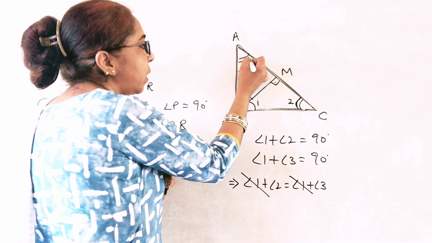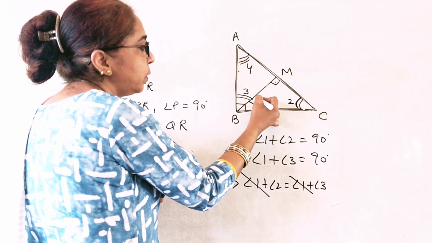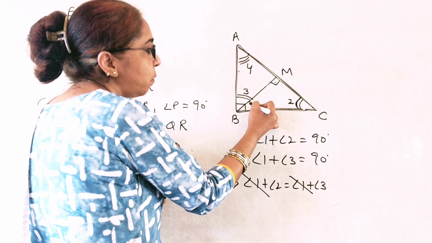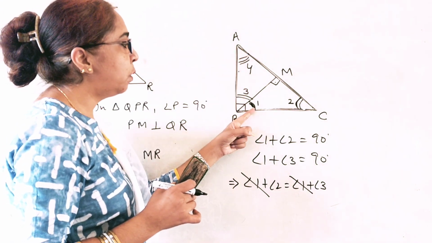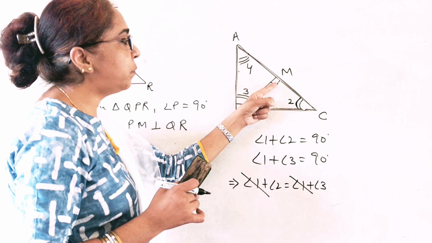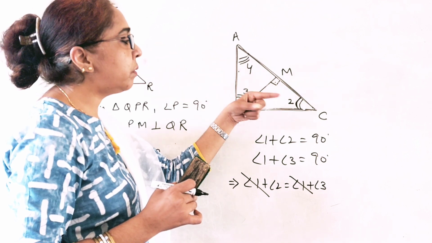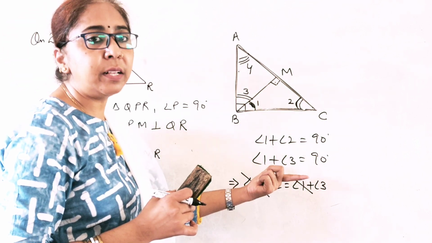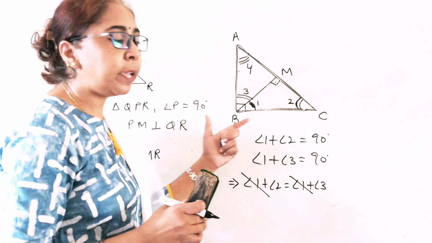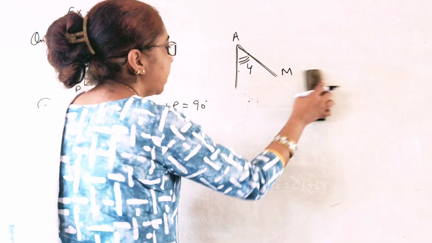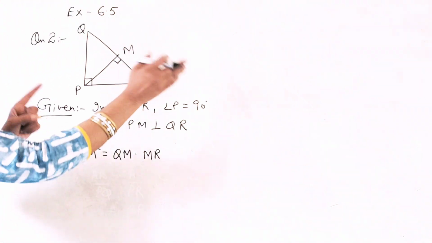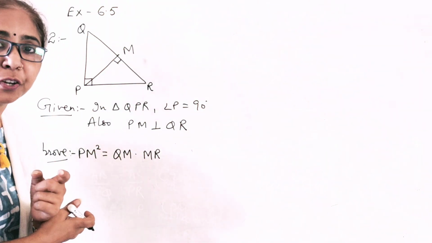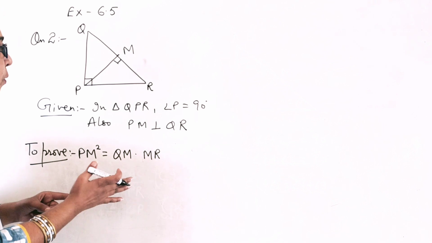Similarly, this angle 4 is equal to angle 1. So this angle is equal to 3, this angle equal to 4 equals 1, and both of these are 90. So when we write the names of these kinds of triangles, take care of this thing. For doing this question, I'm not making the two triangles similar. I'm just using that result. We have a theorem, I told you about the theorem also.